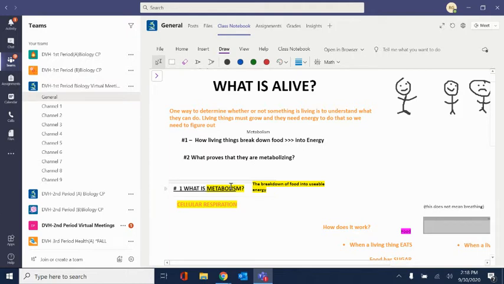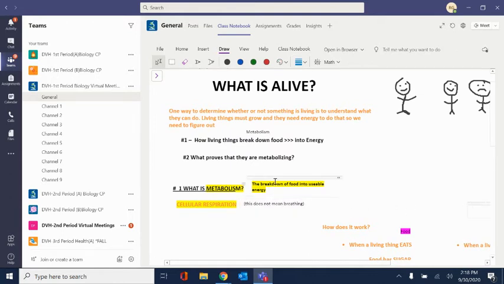Now, generally, when we hear the word respiration, we think of the respiratory system, which means that organism is breathing. When we talk about cellular respiration, we are not talking about breathing. We are talking about breaking down food into usable energy.